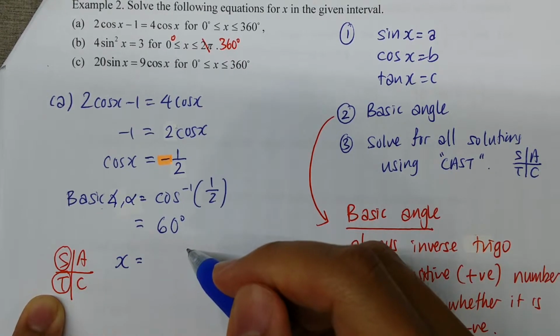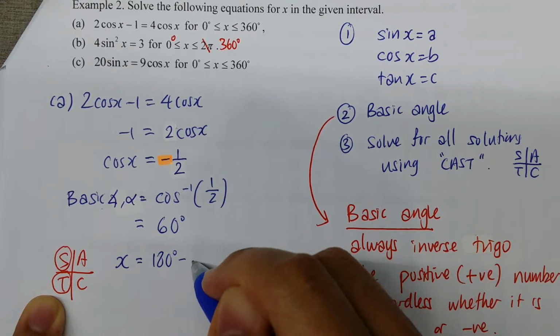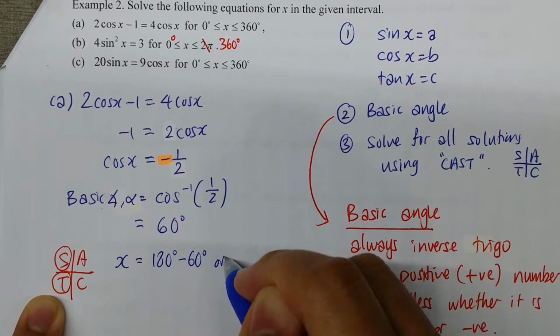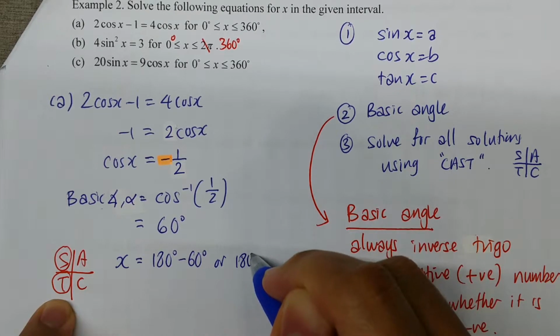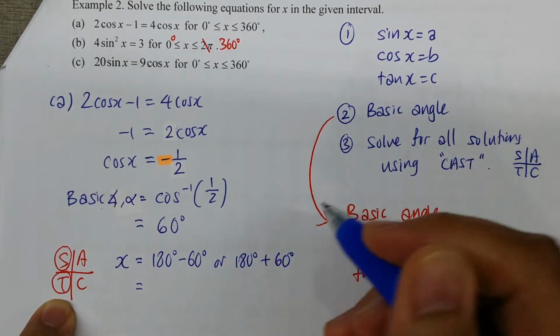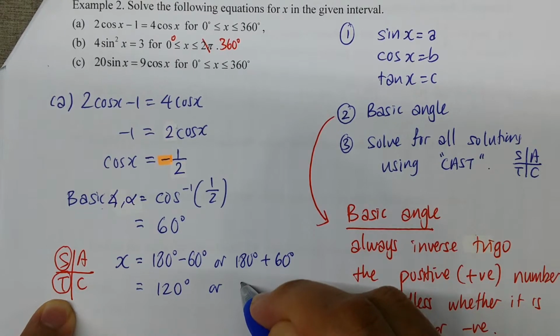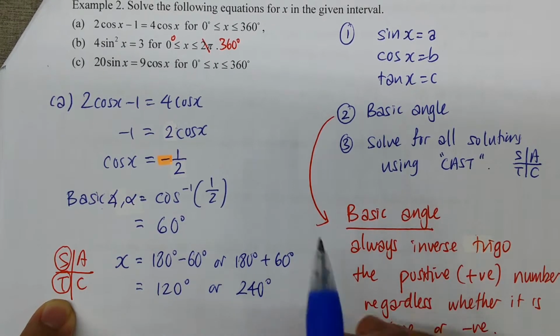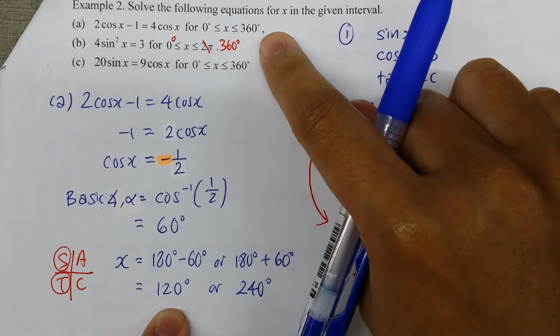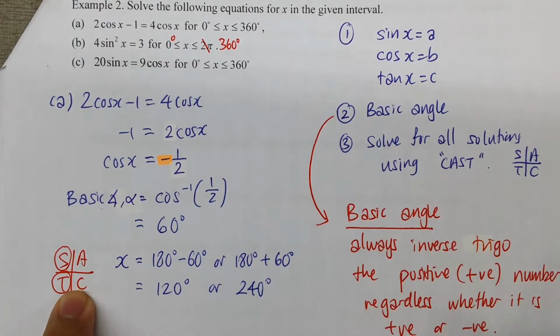So in the second quadrant, what would that be? 180 minus alpha, or in the third quadrant, 180 plus alpha, the basic angle. So the answer is 120 or 240. Then you check it's within the range 0 to 360, because ASTC, this is actually 360. One round is 360. Okay?